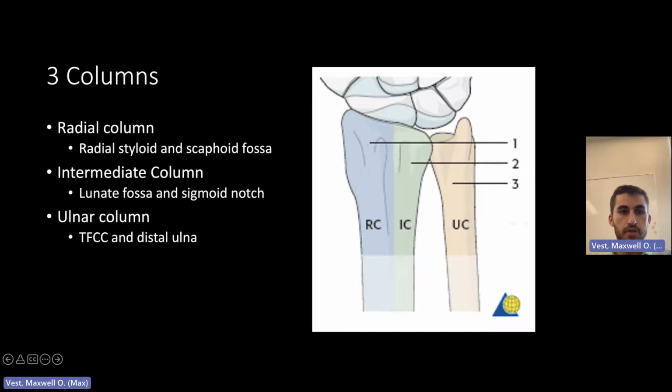The first is the radial column, which includes the radial styloid and the scaphoid fossa right here. And then there's the intermediate column, which involves the lunate fossa and also the sigmoid notch and the articulation with the DRUJ. And the third is the ulnar column, which is where the TFCC is and the distal ulna.